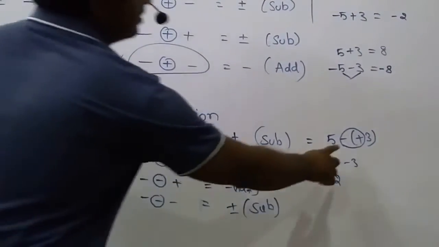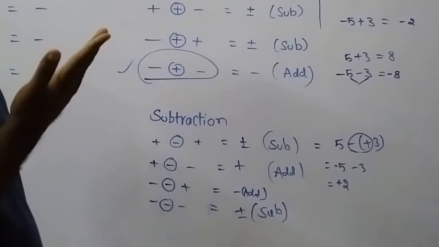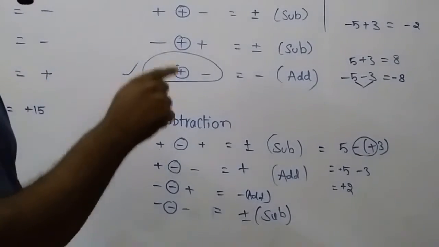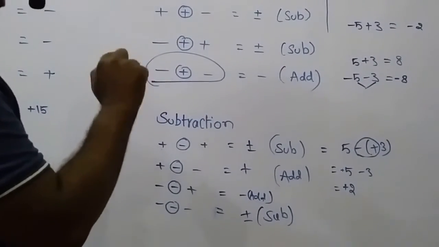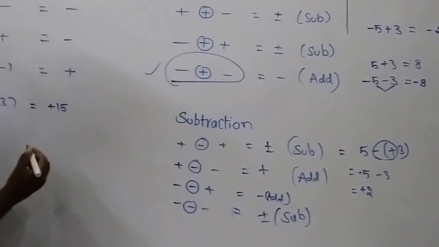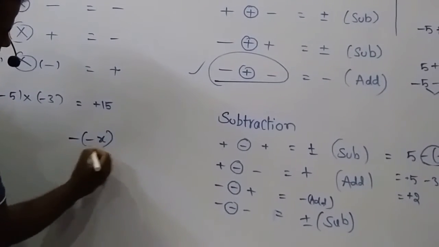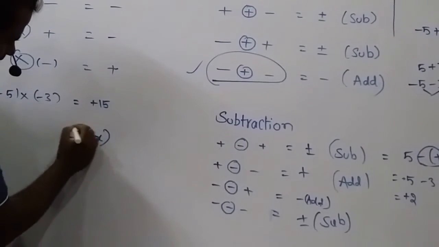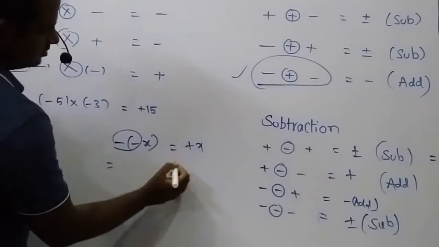This is a very important step. If you come across this kind of situation, where two signs are there and no number between the signs, then you have to take the multiplication of the signs. If it is plus into plus, we get plus. If you come across something like minus into minus x, minus into minus will definitely give plus x.